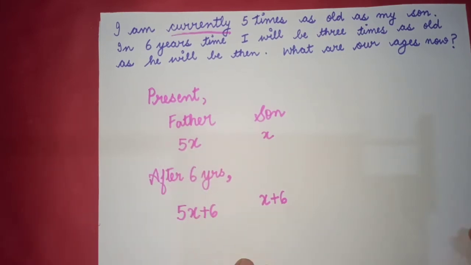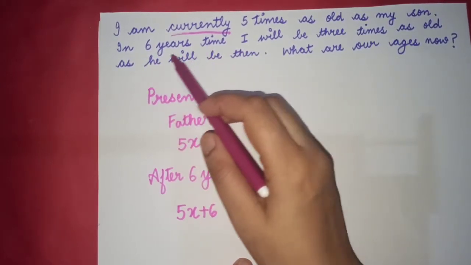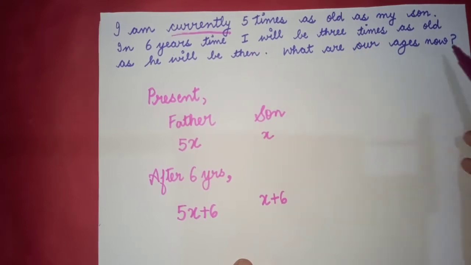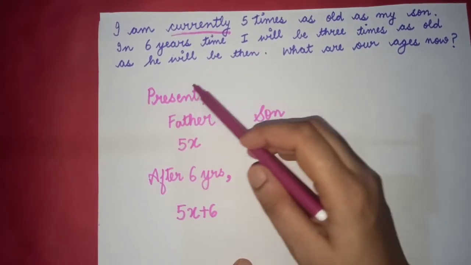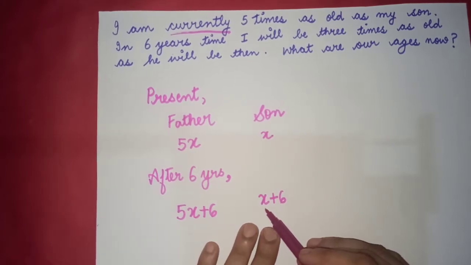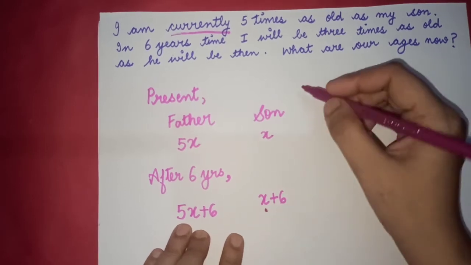Now, let's read the next. What is given is that in 6 years time, that means after 6 years, I will be 3 times as old as he will be then. So now the son is x plus 6 years old and the father is 5x plus 6.